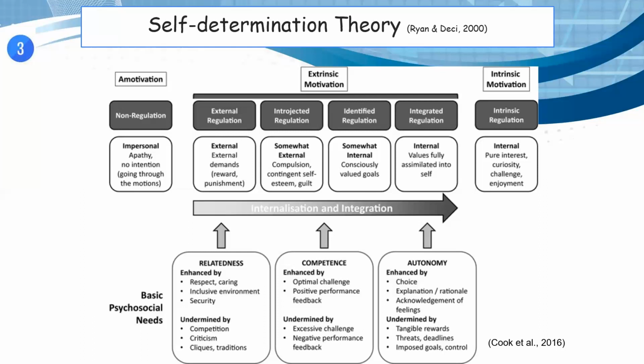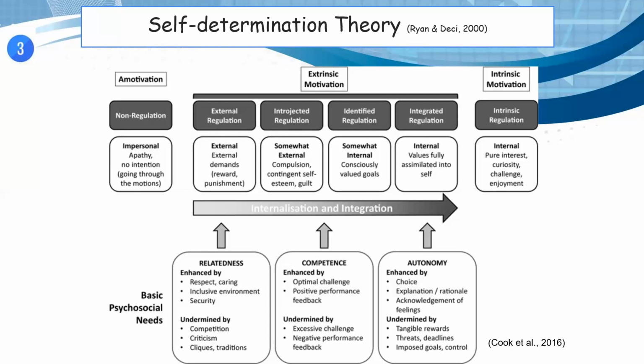Next, we have identified regulation. With this form of regulation, the individual begins to align their own sense of values with the values of the task, the values of the stated goal, the values of the stated outcome of the task.